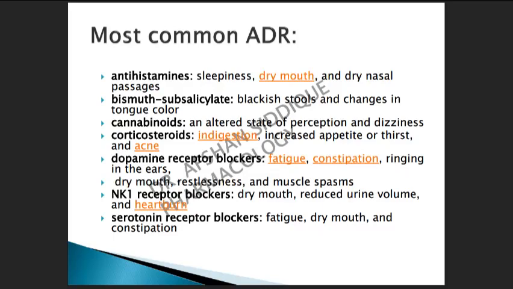While NK1 receptor or neurokinin 1 receptor blockers, which are associated with substance P, can induce heartburn, dry mouth, as well as reduce urine volume.